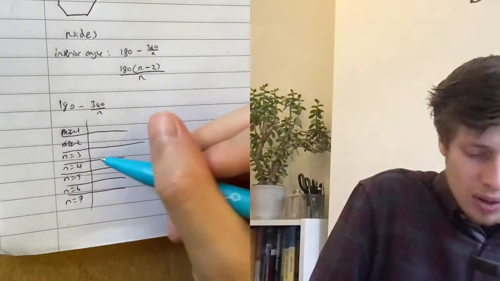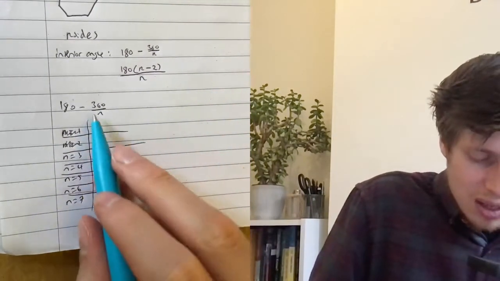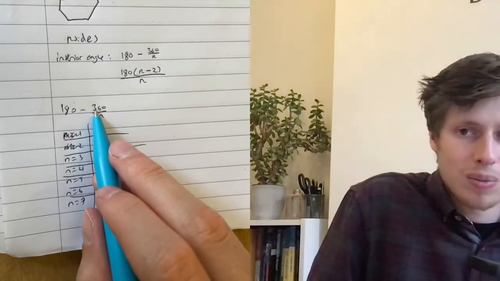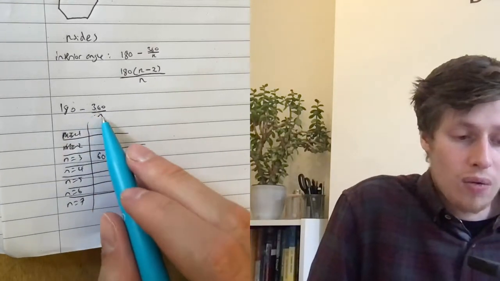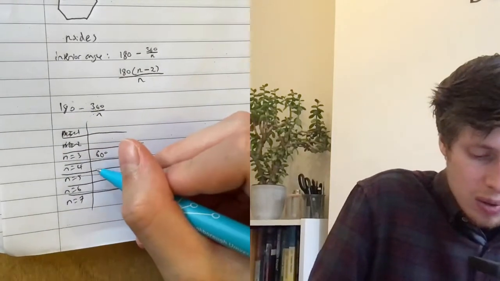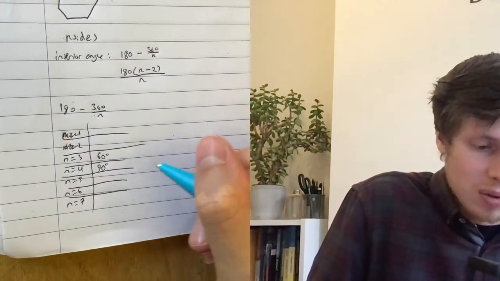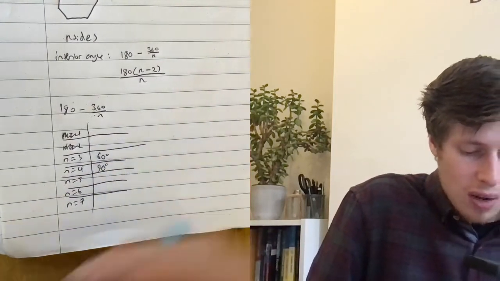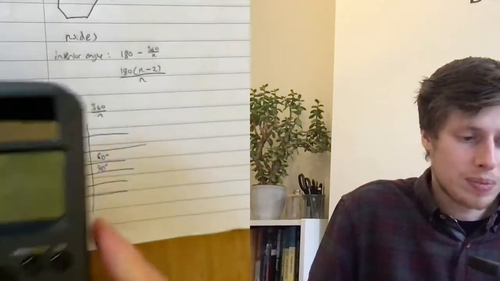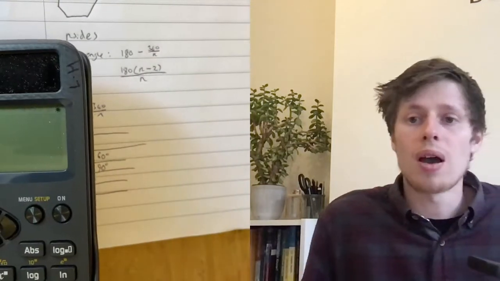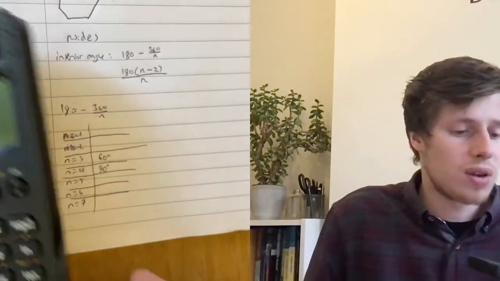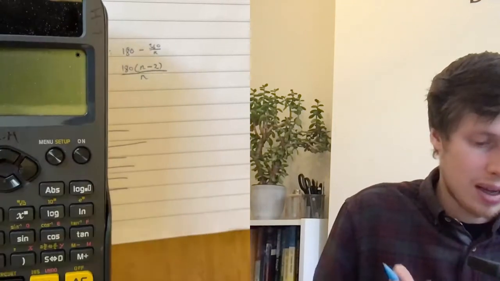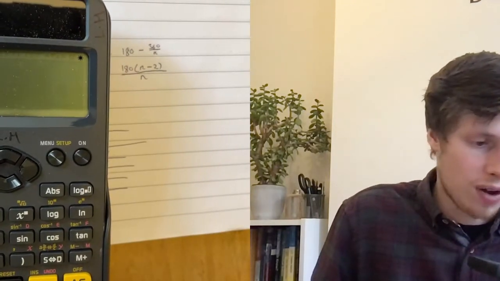Now n equals 3, we already said that's 60 degrees. That's the interior angle of a regular 3-sided shape. Similarly for a 4-sided shape, we've done that. For a 5-sided shape, let's see what that would be. This is going to give you an explanation as to why pentagons don't tile the surface. So we do 180 take away 360 divided by, how much was it again? 5 sides, right?